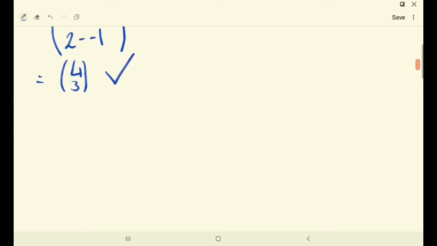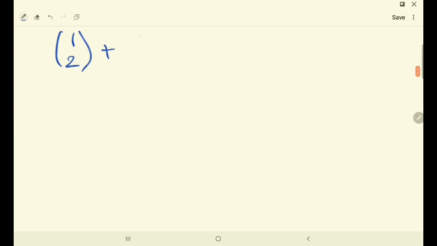Now we've only looked at two vectors, but what if we had three vectors? What if we had 1, 2 plus 3, 4, take away 7, 2? The question is, how do we deal with that? And the answer is the exact same way.